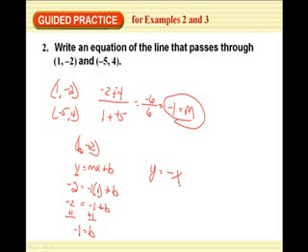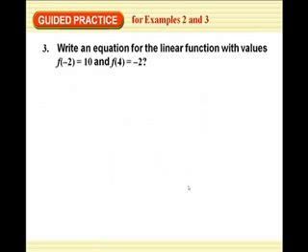I don't have to write the 1, minus 1. There it is. So a lot of it, you see where I made my mistake, is just in the calculations. So not only putting the numbers in the right place, but also making sure that you calculate them correctly.